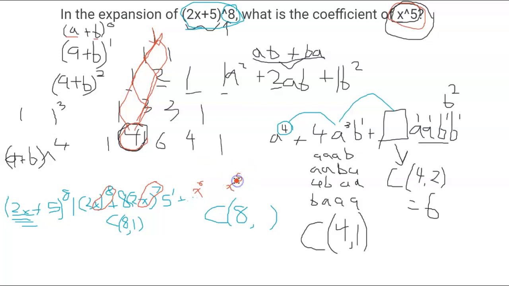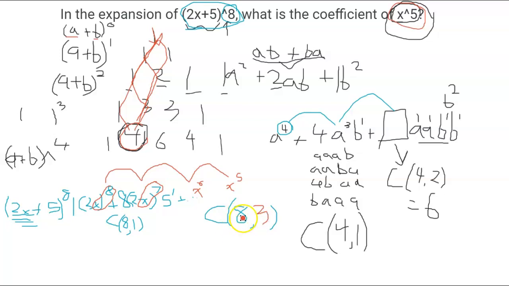Aha, that's the one we want. And remember, it was combination, right? When we went one step, it was combination 4, 1. If we went 2 steps, combination 4, 2. So how many steps do we need to get from the beginning to x to the 5th? 1, 2, 3. Combination 8, 3.